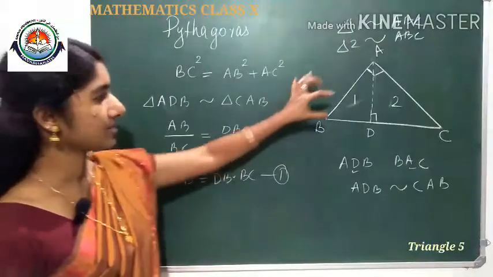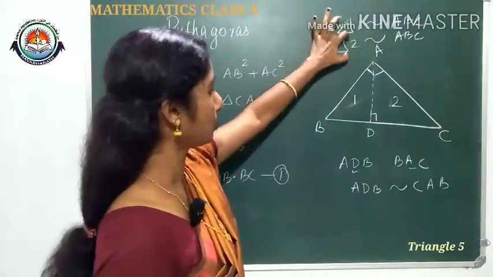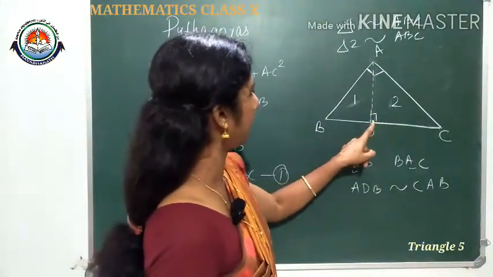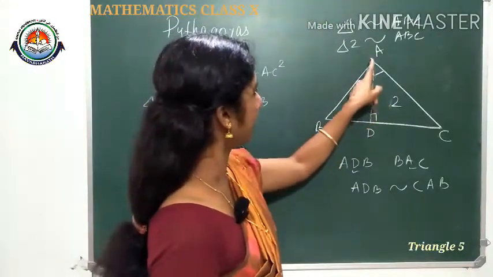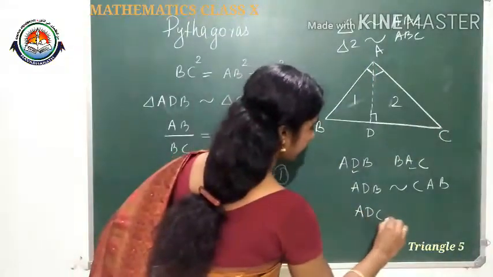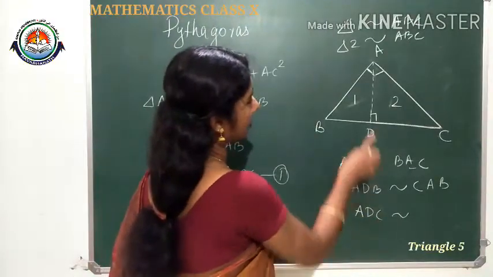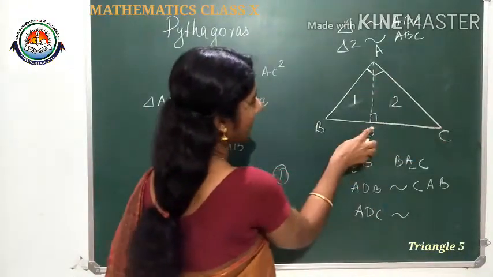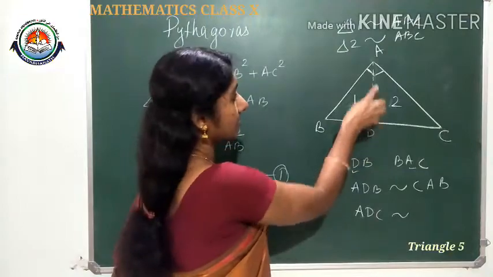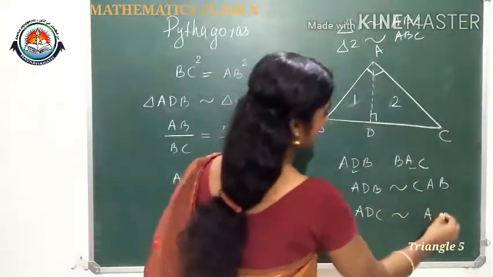And the same way, triangle 1 is similar to triangle ABC, and we got triangle 2 also. Triangle 2 we can give the name ADC. ADC is similar to, middle D is the right angle, so here A should come in the middle, and C is common.